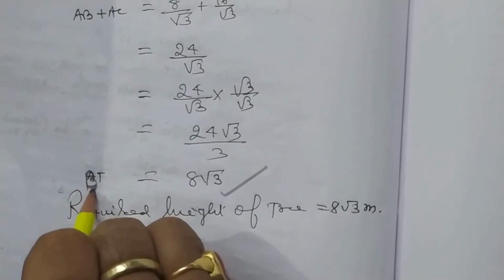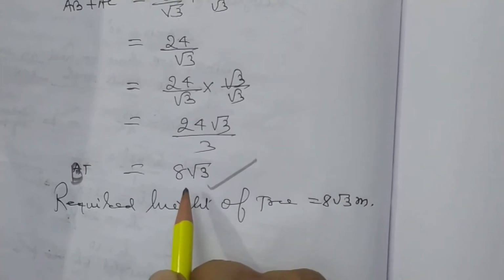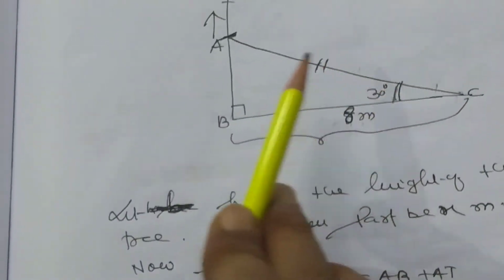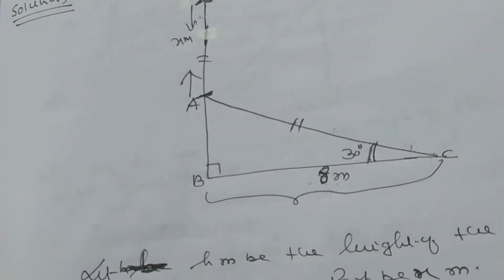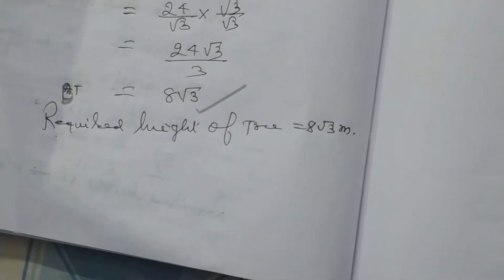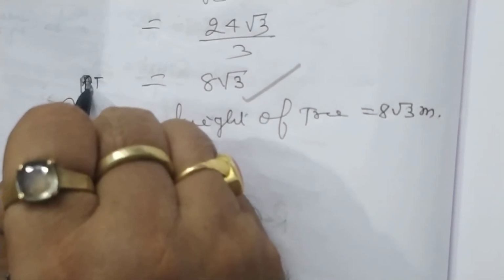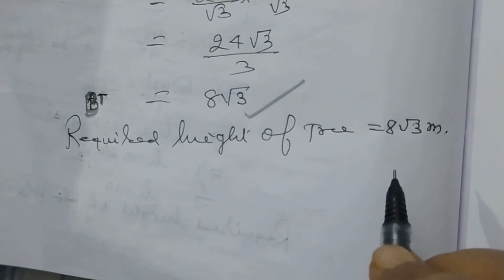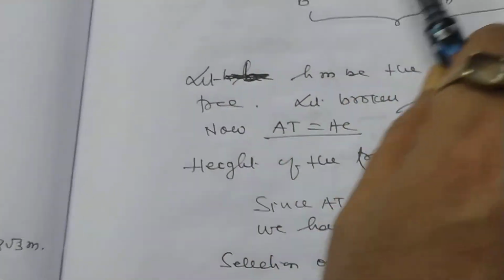My dear student, the height is BT. AC is equal to AT. So AB plus AT is equal to BT. So height of the tree, BT is equal to 8 root 3, 8 into root 3 meter. In this way we can calculate the height of the tree.